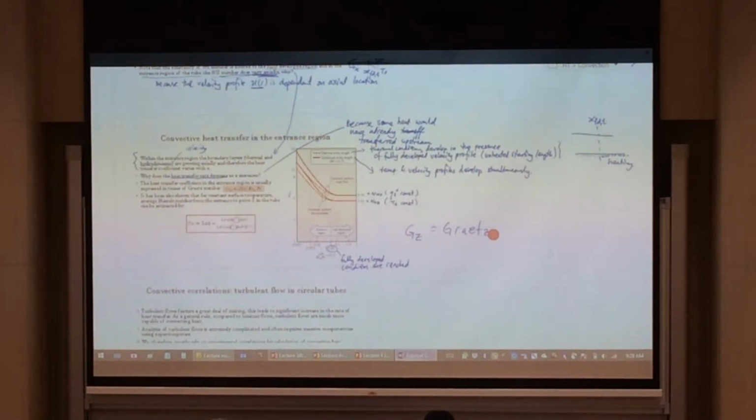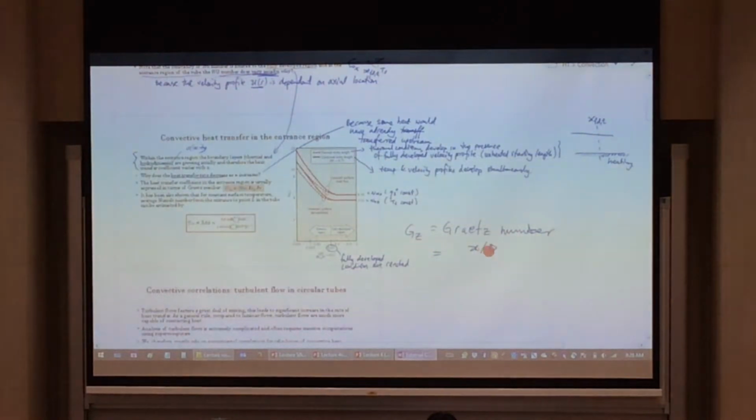Right? So Graetz number is actually given by the following equation, Gz = (x/D) Re_D Pr, all over x/D.